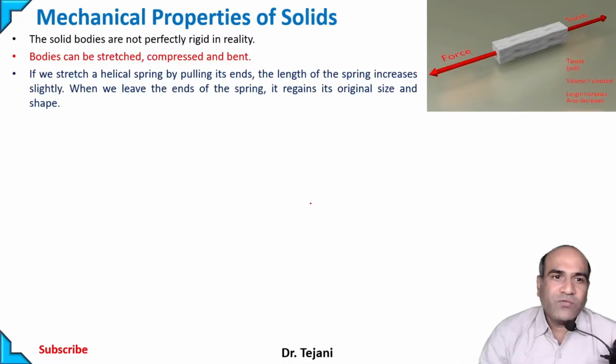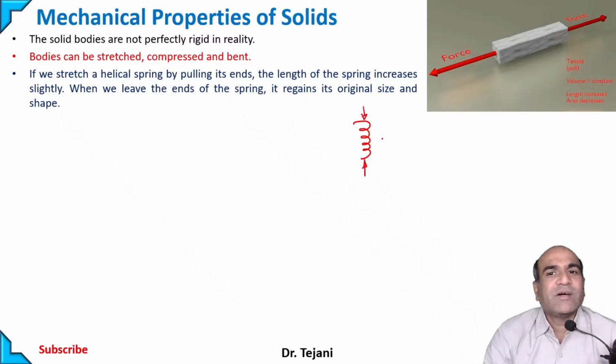If we take the example of a spring and compress it, the spring compresses. Or if we pull the same spring on both opposite sides, there is an increase of length that is seen.